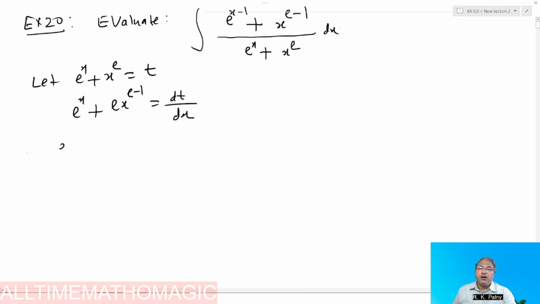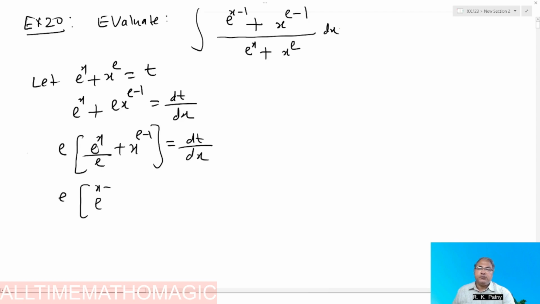Now taking e common, e raised to x upon e plus x raised to e minus 1 equals dt by dx. So e into e raised to x minus 1 plus x raised to e minus 1 equals dt by dx.